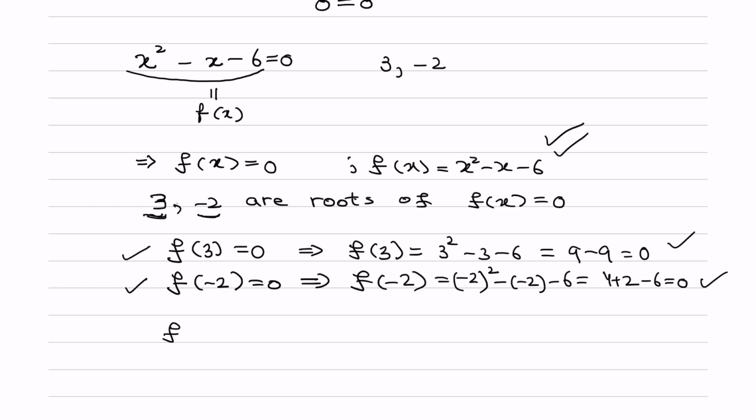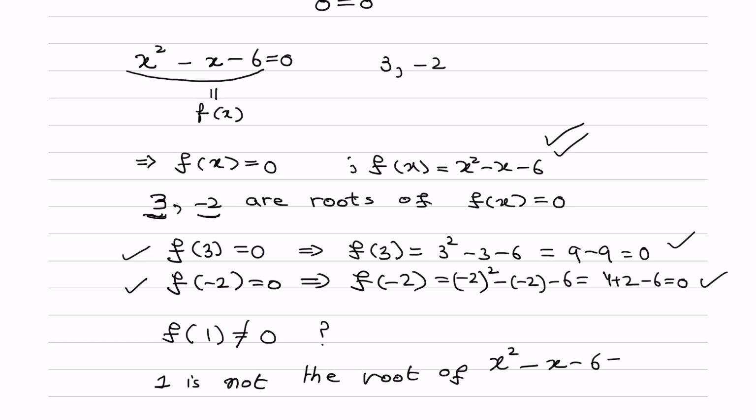But will f of 1 be 0? That's the question. It will not be 0 because 1 is not the root of which equation? x square minus x minus 6 equal to 0.